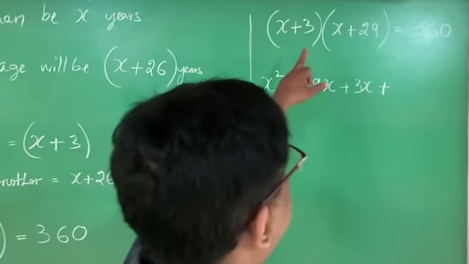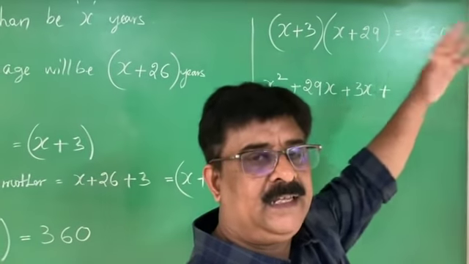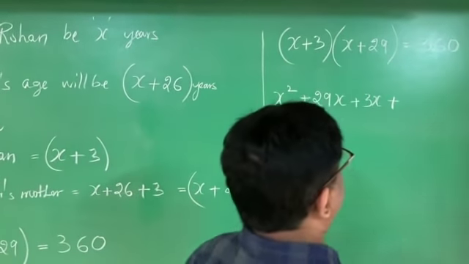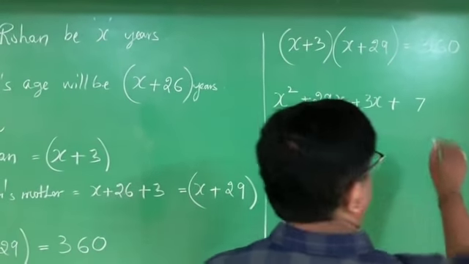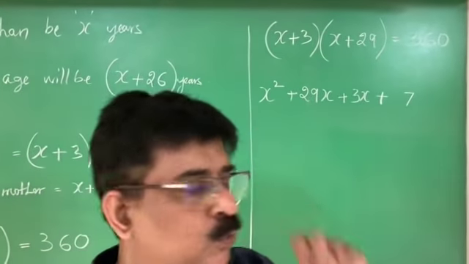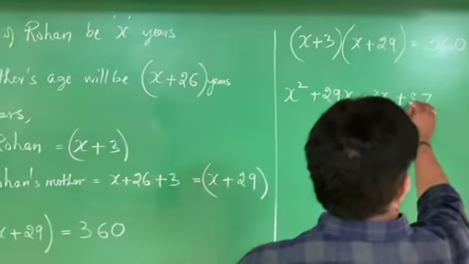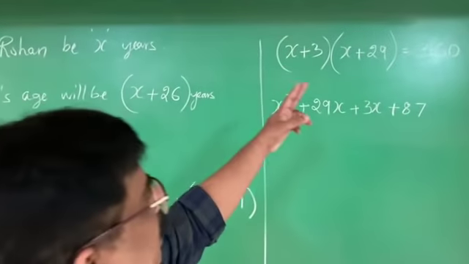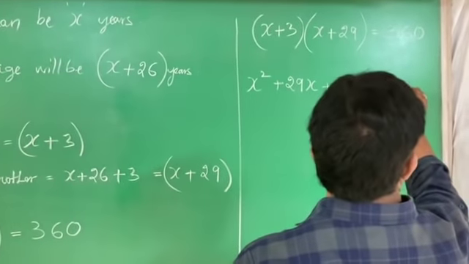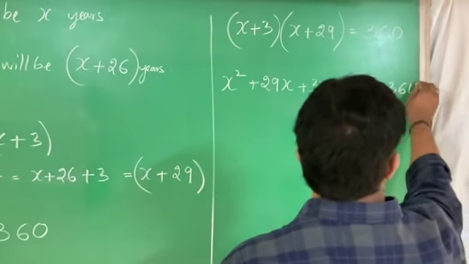Now you have to multiply 3 into 29. 9 3s are 27. 2 3s are 6, 6 plus 2 is 8. So 29 3s are 87, which is equal to 360.